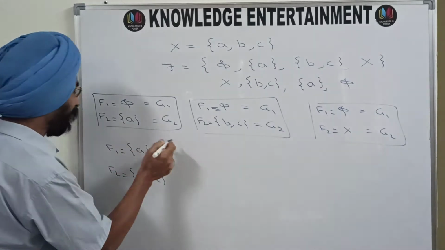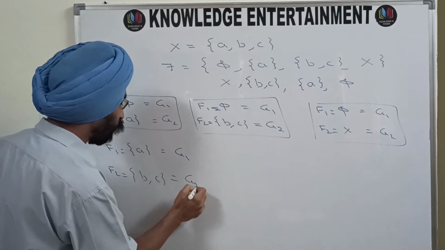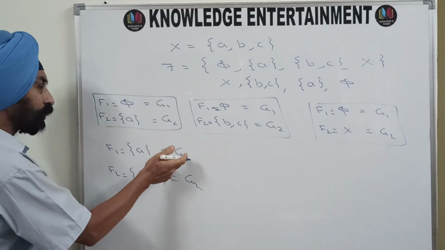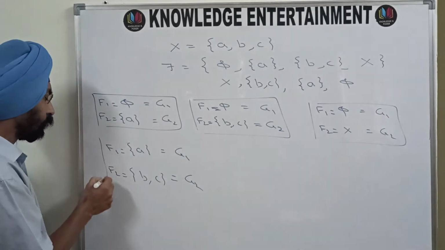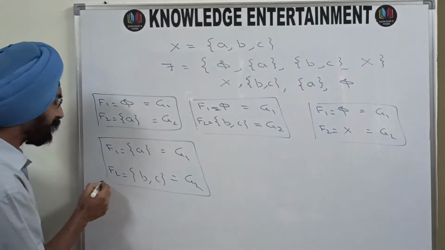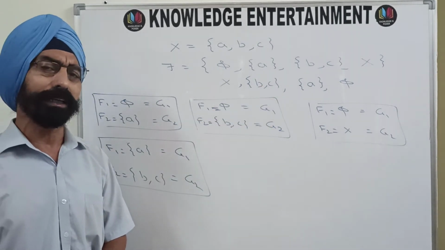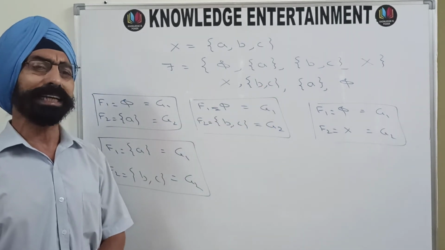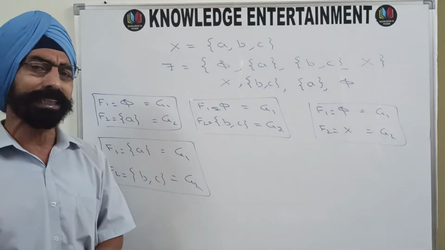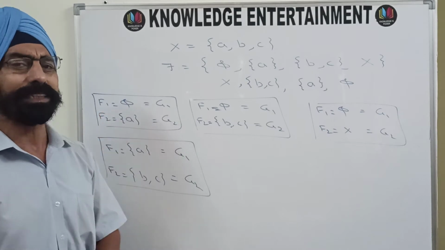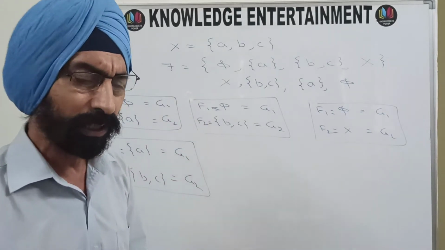So you can have G1 as the singleton set A and G2 as the set containing B and C. So these are the two disjoint open sets containing the disjoint closed sets F1 and F2. So the axiom is once again satisfied here. So in every possible case of a pair of disjoint closed sets, you are able to find a pair of disjoint open sets containing them. That means the axiom is completely satisfied. That means your space is normal.